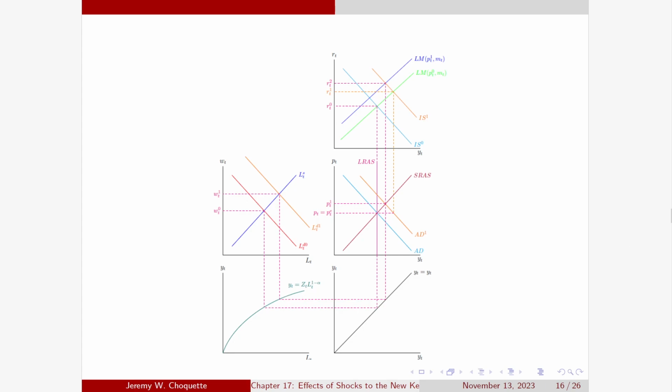Because we have an upward sloping short run aggregate supply, because prices are sticky and not all the prices can respond at once, if there's an aggregate demand shock caused by a movement in the IS curve, we will get real economic effects in the short run.